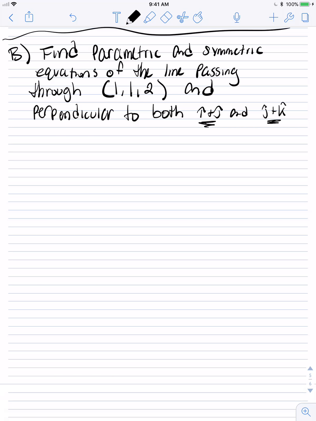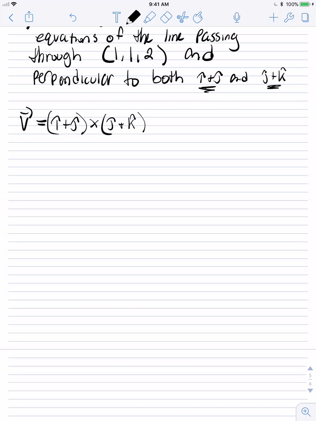So our vector, which I'm going to call v, is equal to i hat plus j hat cross j hat plus k hat. We know that i hat is equal to (1, 0, 0), j hat is equal to (0, 1, 0), and k hat would be (0, 0, 1).